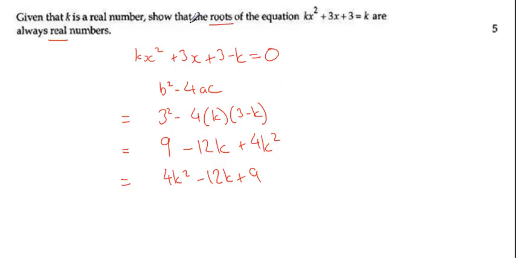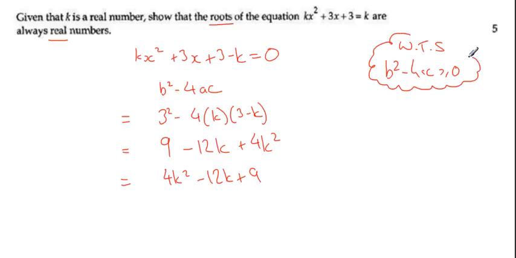Now, what we want to show is that the roots are always real. Now, as we've seen in the last question, the roots are real when b squared minus 4ac is greater than or equal to 0. So that is what we are wanting to show. And we do that by using our best friends when we're looking for positives or 0. We do it by proving the discriminant is a squared term.